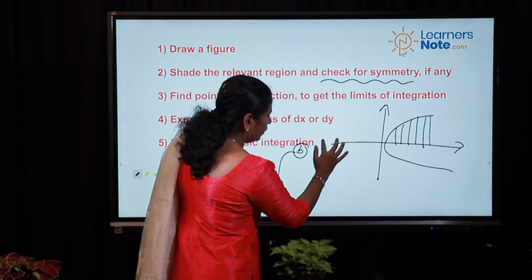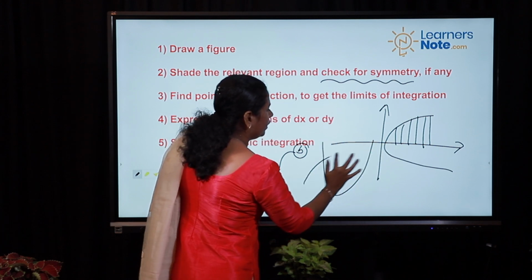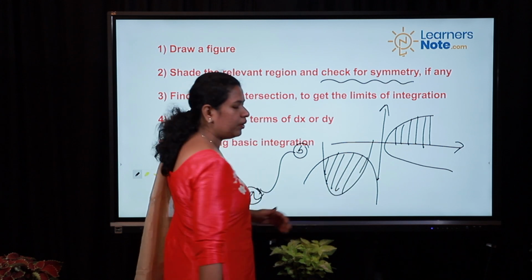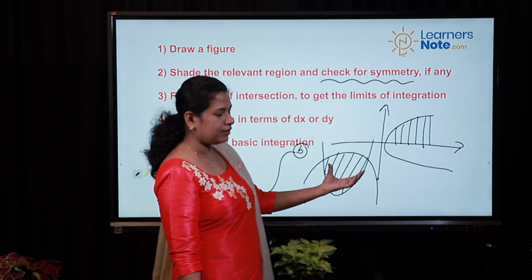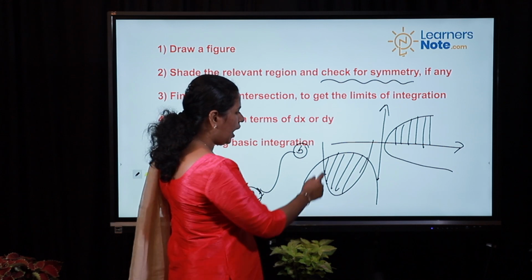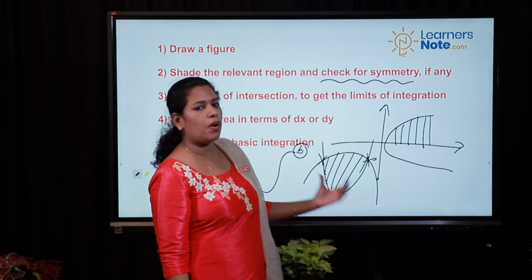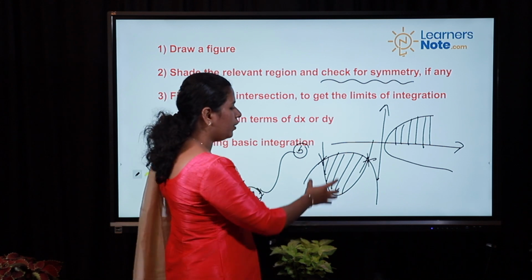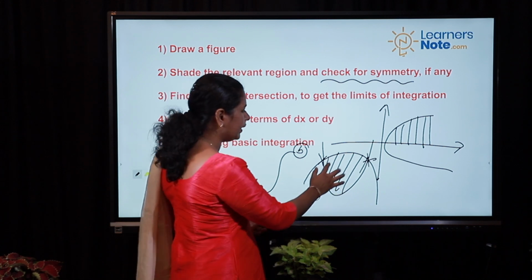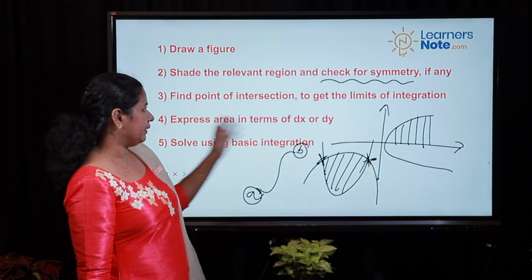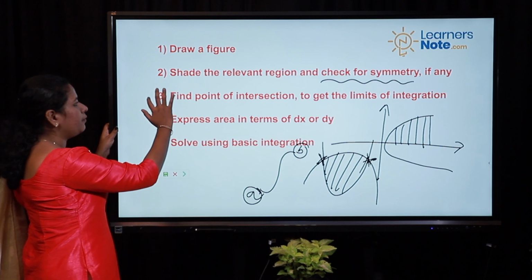Suppose you are getting a curve like this and a curve like this, so this is the required area. So if you want to find the area between these curves, this is our required portion, and for getting the limits, we have to find the point of intersection by solving these equations simultaneously. By using the point of intersection, we can integrate. Okay, that is the third step we have to follow.